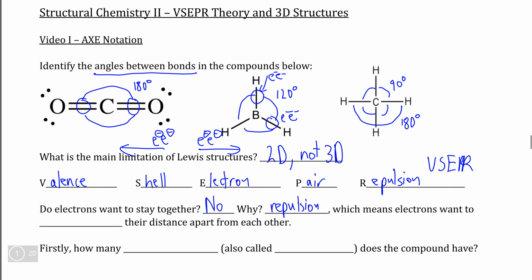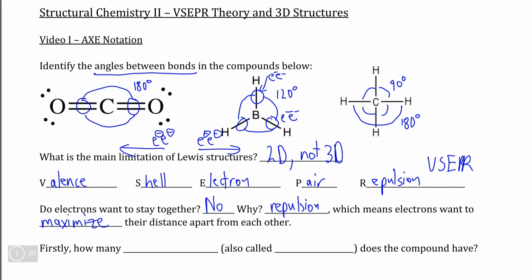Likewise with boron trihydride, where we need to separate 3 bonding pairs, the biggest angle that we can make is 120 degrees. The core of this theory is that electron pairs will always try to maximize their distance away from each other.